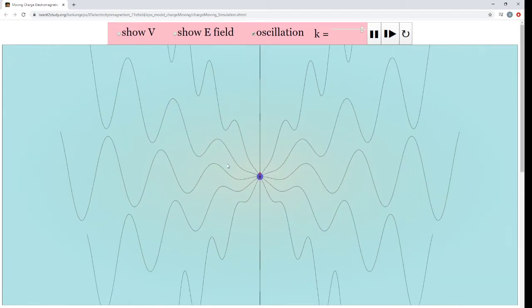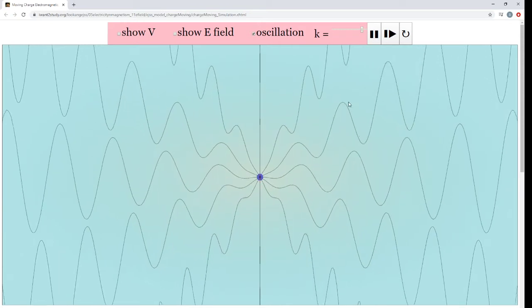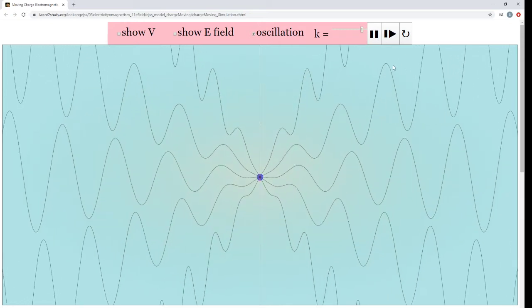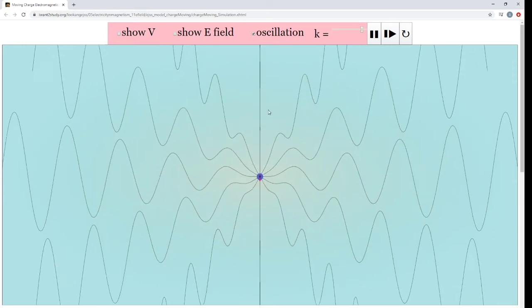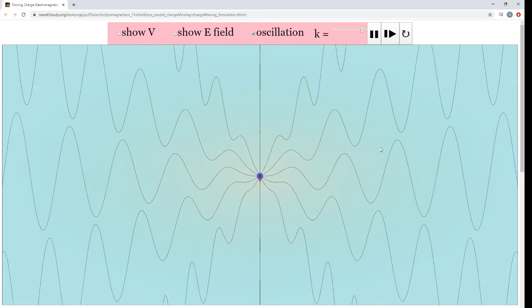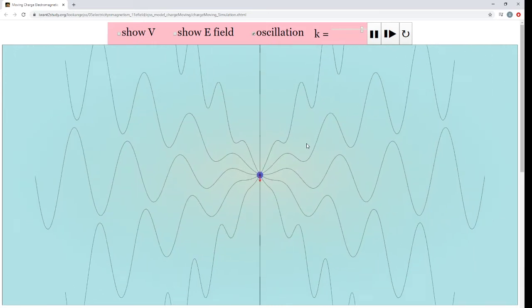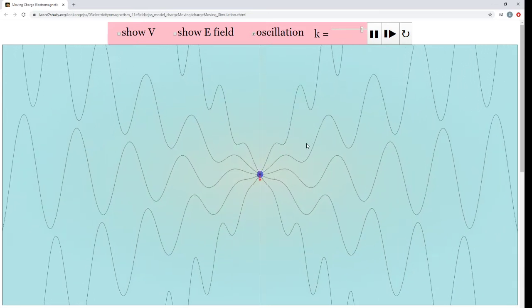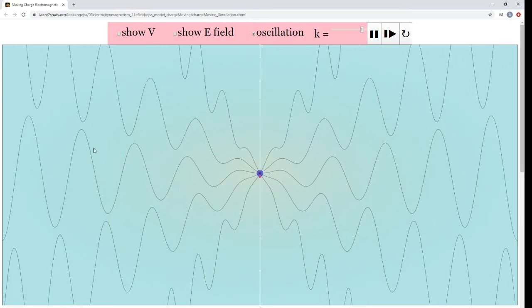So if I follow a point along one of these, say I follow this crest here, this wave travels out into space in a direction, the propagation direction, that is also perpendicular to both the electric field and the magnetic field.